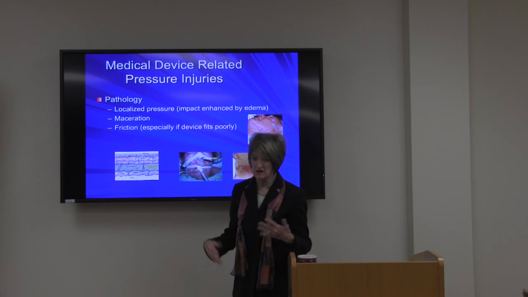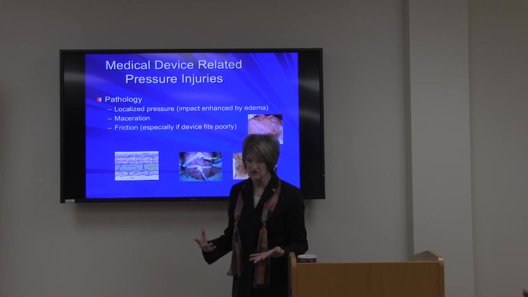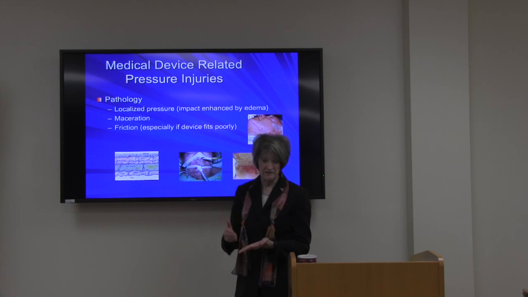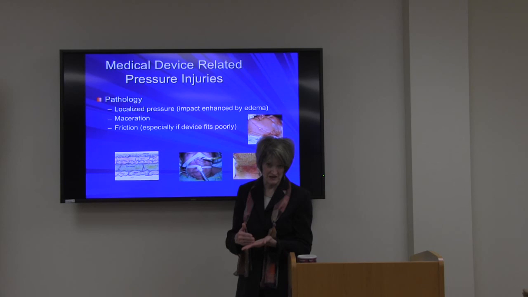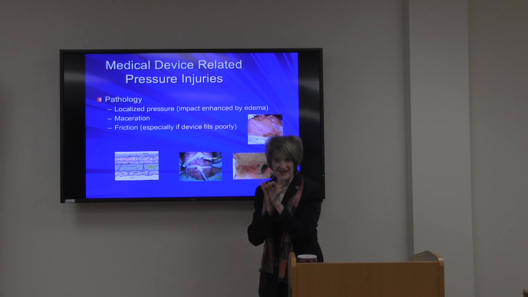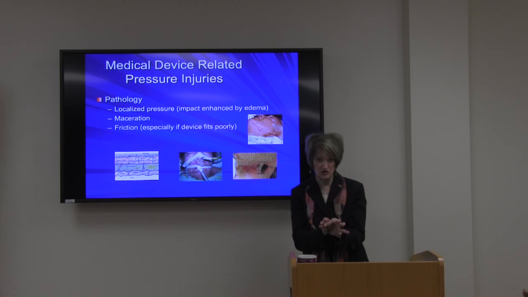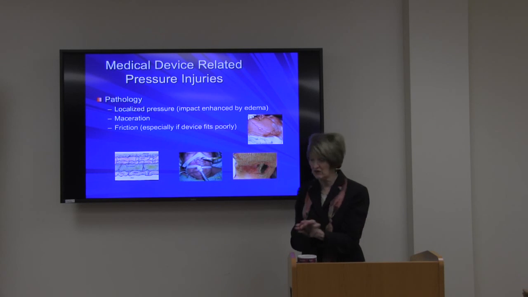They're not compressed. Muscles not compressed. Subcutis not compressed. The only tissues compressed by this device are epidermis and dermis. But they can create very localized pressure points and soft tissue deformation that collapses the blood vessels in that area, and specifically collapses the blood vessels to the skin in that area.